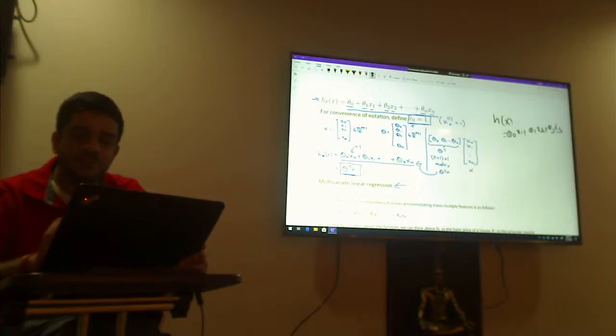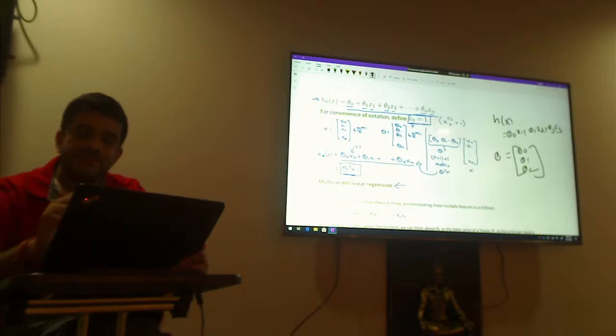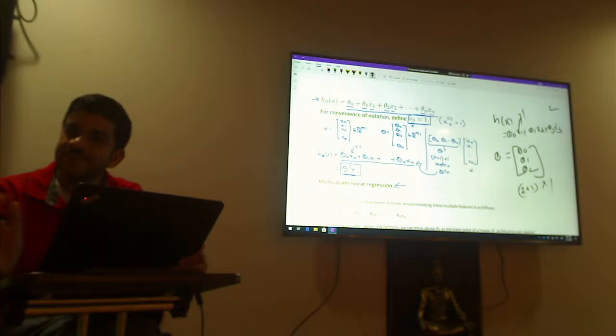So here theta equals theta 0, theta 1, theta 2. How many variables are there? In fact, this is 1. If this is 1, there were 2 variables. So what is the dimension of this theta? 2 plus 1, times 1. Correct?